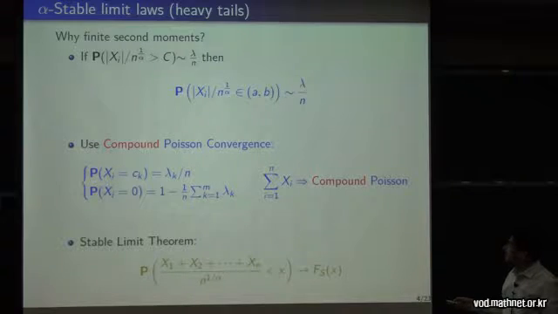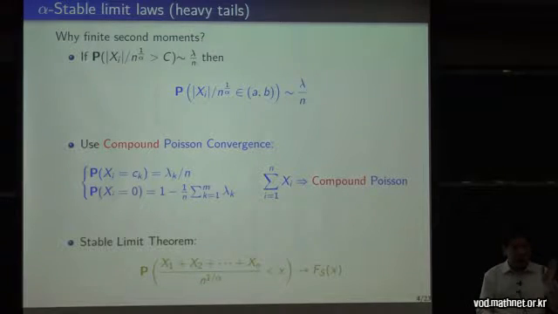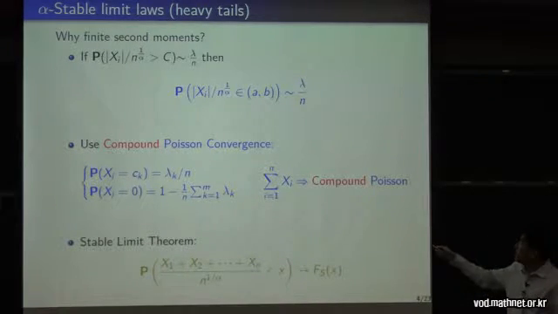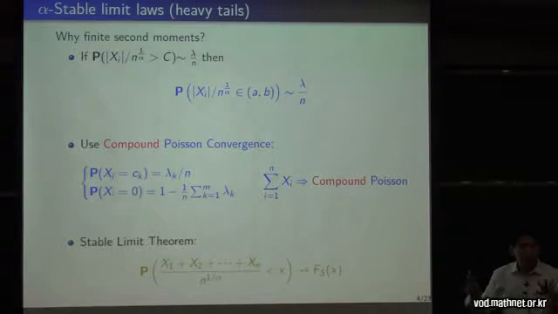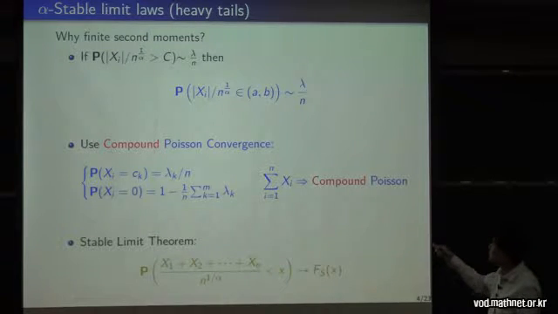And for that we use the compound Poisson, which says that, now if this is of order lambda over n, then the probability that this lands in any interval, so originally we said from constant c to infinity, but now I just take any small interval, and one can easily deduce from this that the probability that it lands in some interval is also of general order 1 over n. Okay? This is something that you can calculate. It's not too hard, but I'm not going to do it, but let's just assume this to be true.